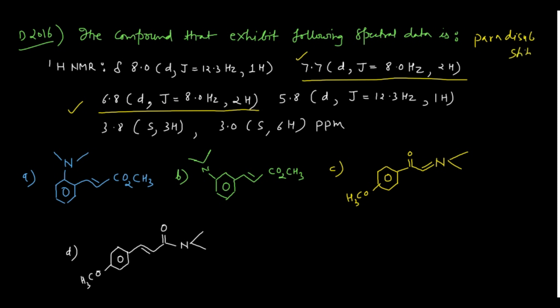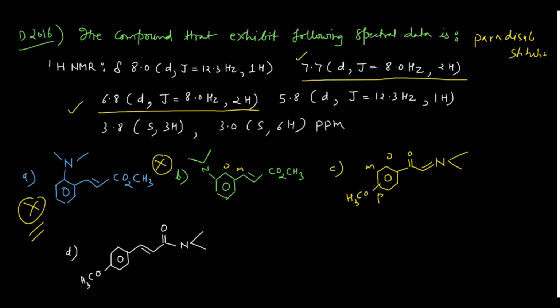So if it is the para-di substitution, this cannot be your answer, because this is ortho, right? And this is your ortho, this is meta. B cannot be your answer. You can immediately discard this one. But option C, you see, this is ortho, this is meta, this is para. This could be the answer.